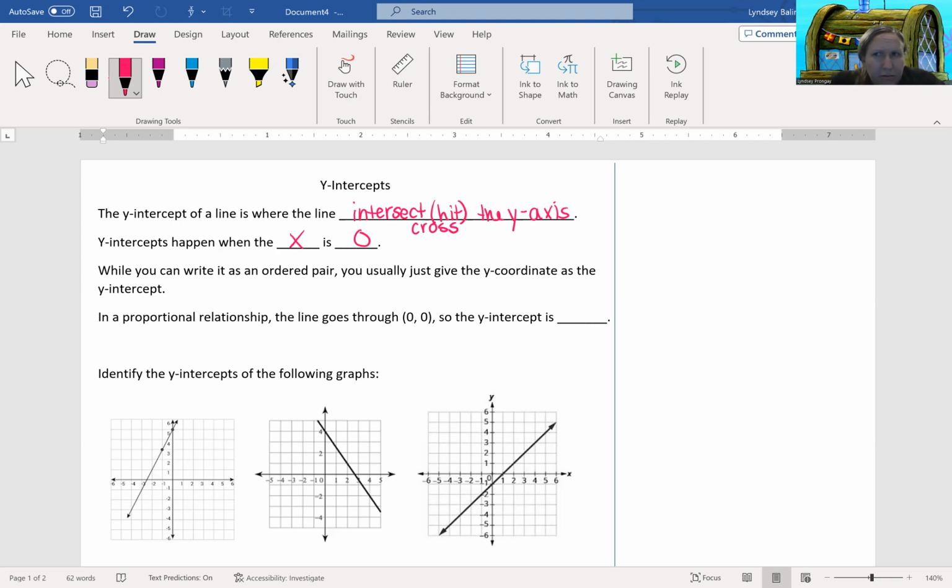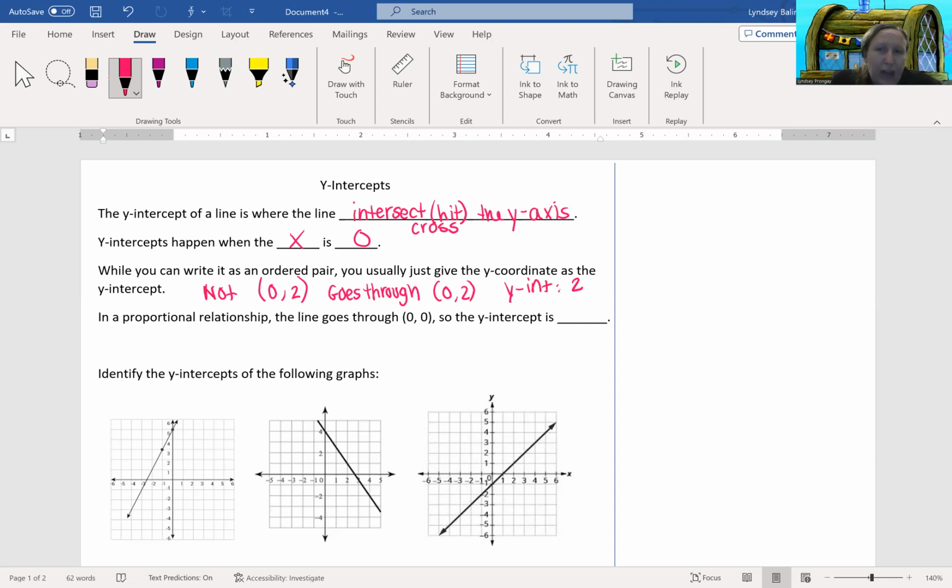You can write it as an ordered pair, but you usually just give the Y coordinate when you're talking about the Y-intercept. So you're not going to say, for example, that the Y-intercept is 0, 2. You might say it goes through 0, 2, but that really means that the Y-intercept is 2.